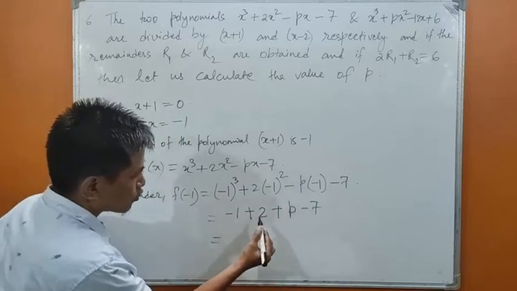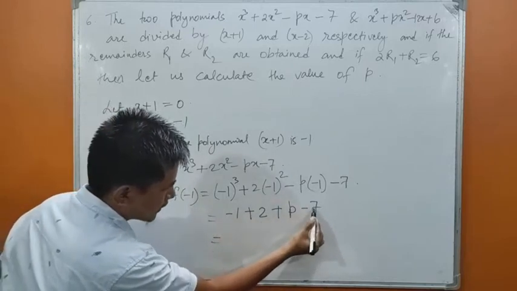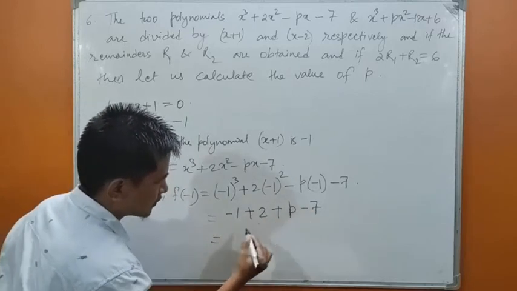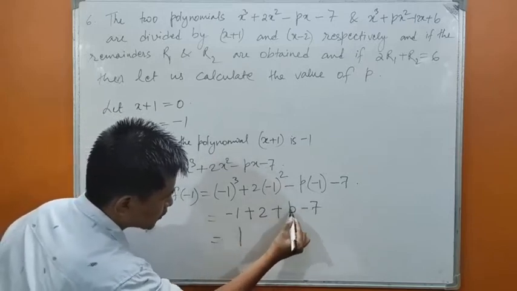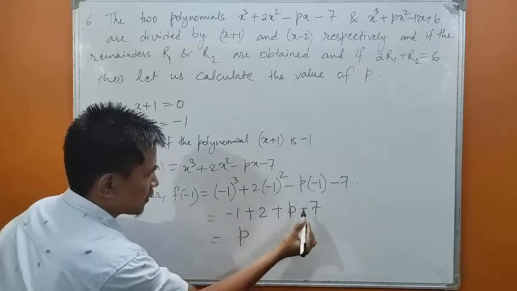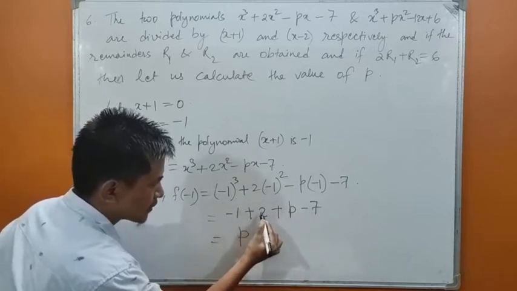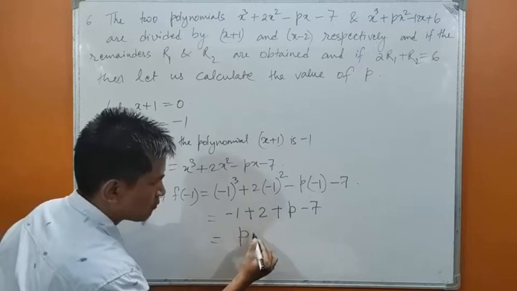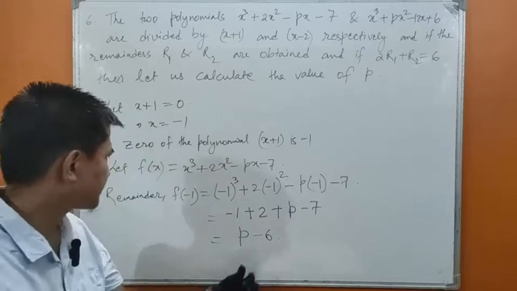So 2 minus 1 becomes plus 1, and minus 7 plus 1 is minus 6. So this is plus p, minus 7, minus 1, minus 8, plus 2, minus 6. Got my point? p minus 6.